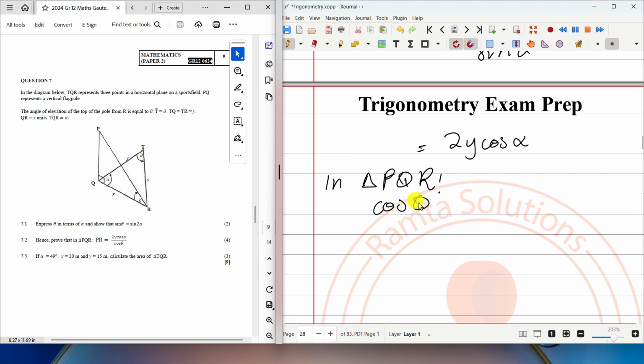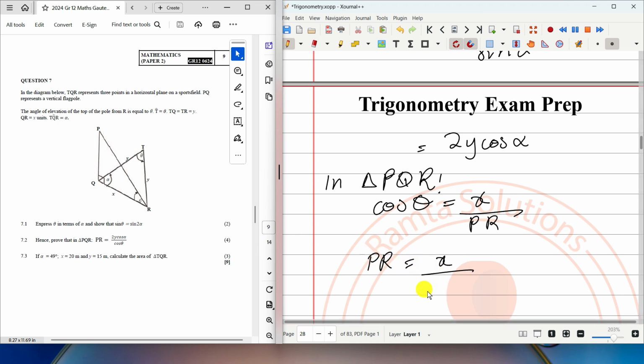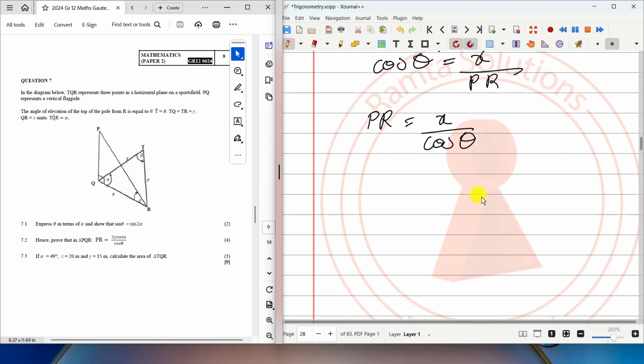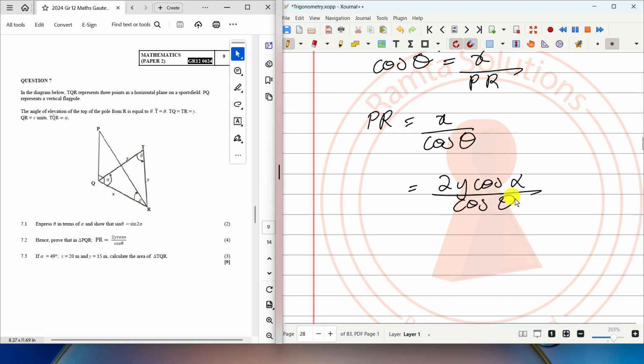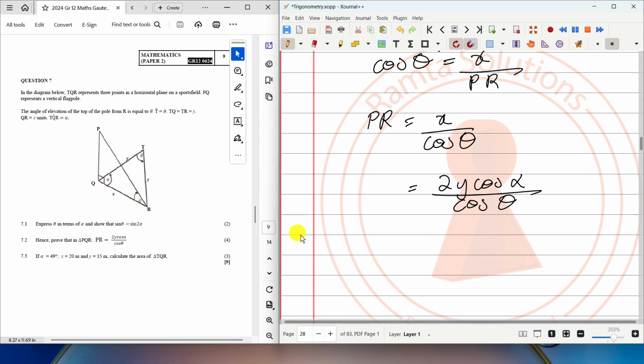So cos theta is equal to adjacent x over the hypotenuse PR. So PR is equal to x over cos theta. What is x? We said it is 2y cos alpha. So we were able to prove this. Happy? Good.